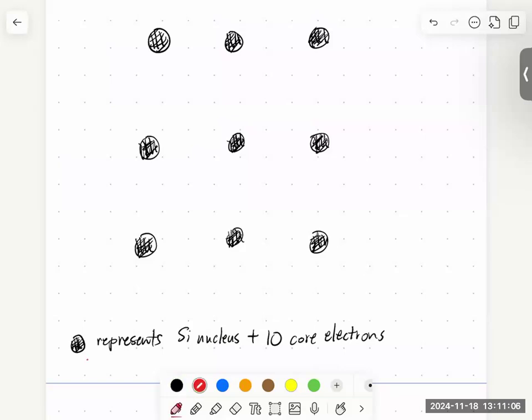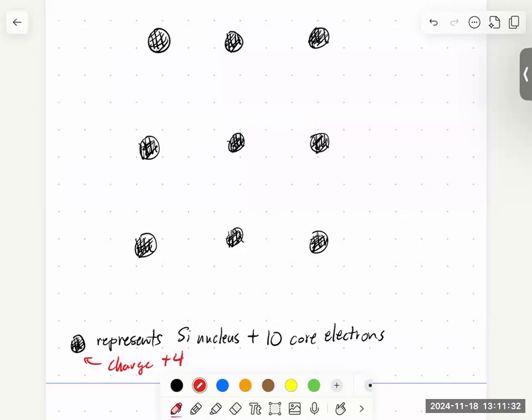And so that means that this object has a charge of plus 14 from the nucleus and minus 10 from the core electrons. So overall, its charge is plus 4. I guess technically the charge is 4 times the elementary charge, but let's just call it plus 4.